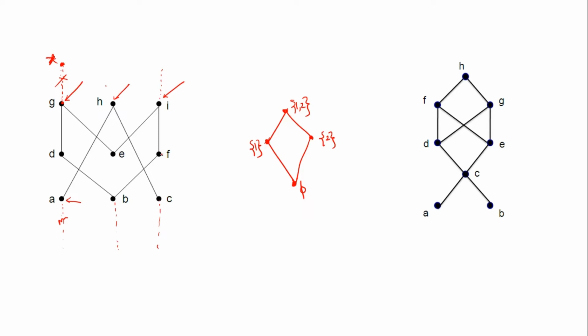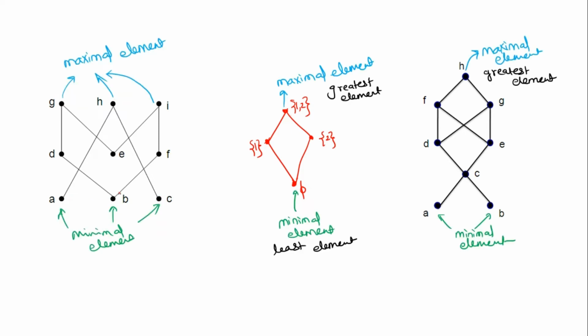For example, this element is receiving an edge coming from the bottom part and has an edge going to the upper part, so it will not be considered either minimal or maximal. So these are my minimal elements for this diagram, and the maximal elements will be G, H, I. Now all these elements are different. There is no single element which is the maximal element.